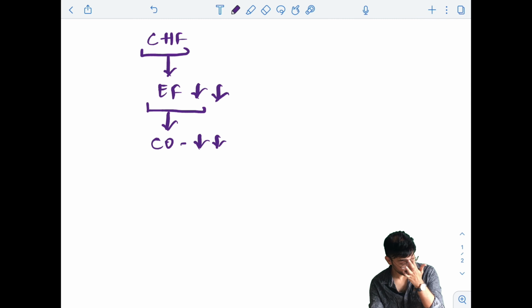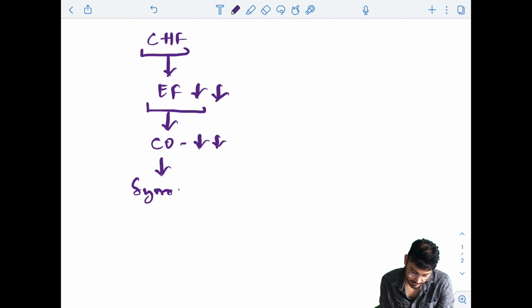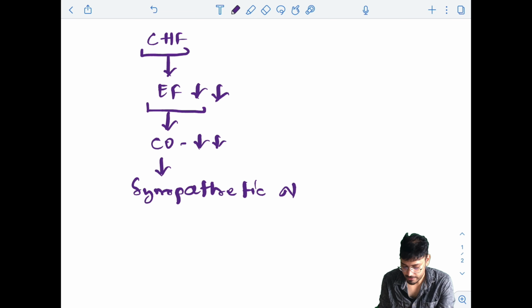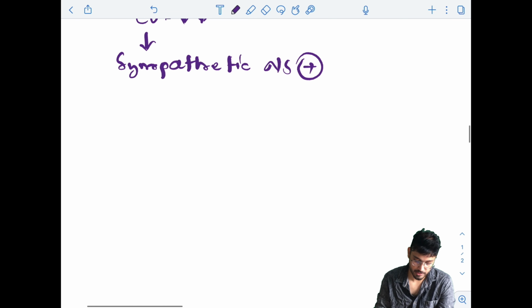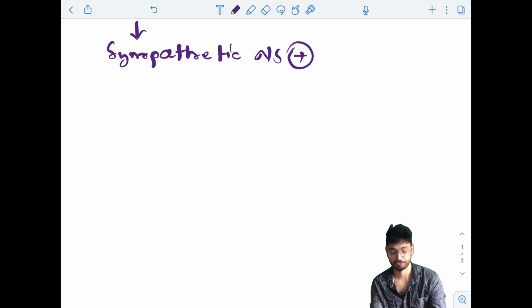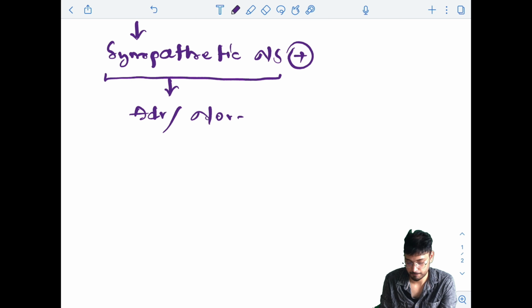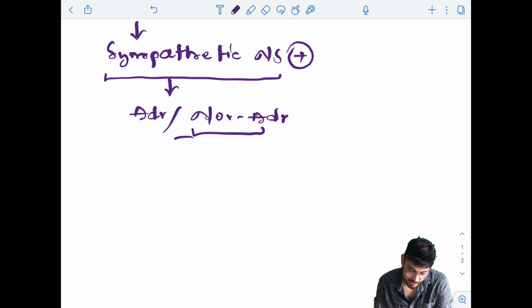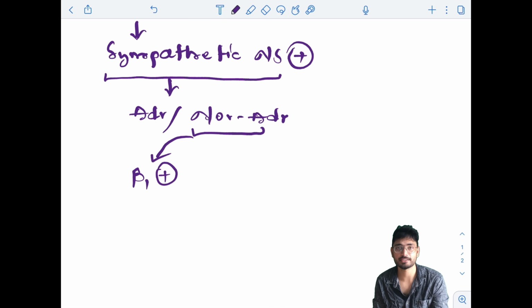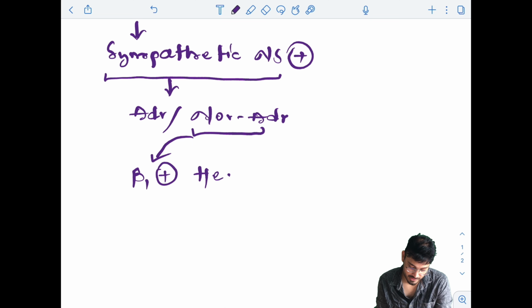So the sympathetic nervous system will be activated by release of adrenaline and noradrenaline, and the released noradrenaline will go and act over the beta receptors which are present over the heart.